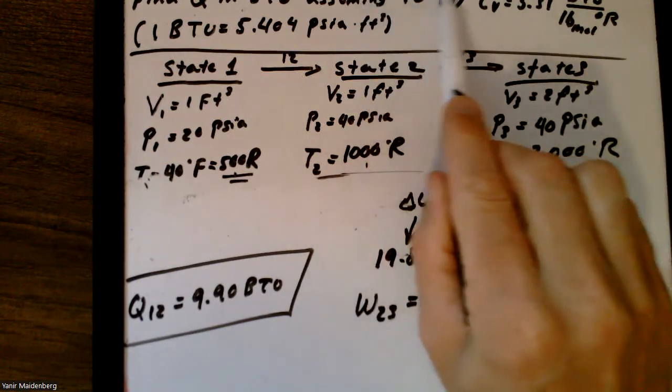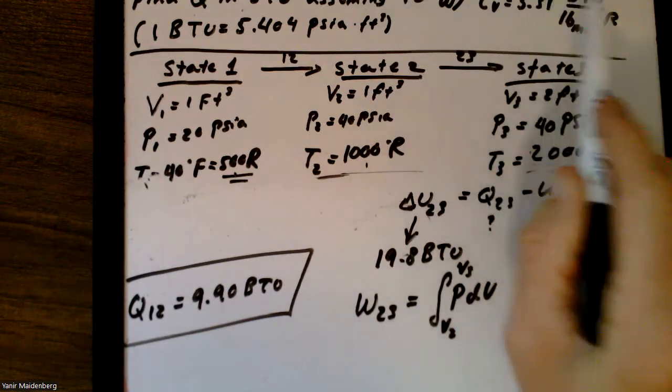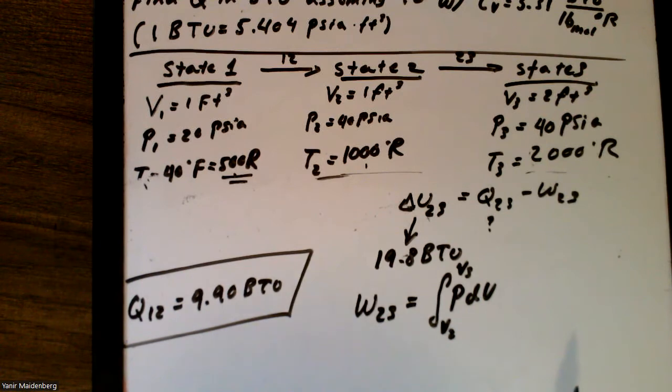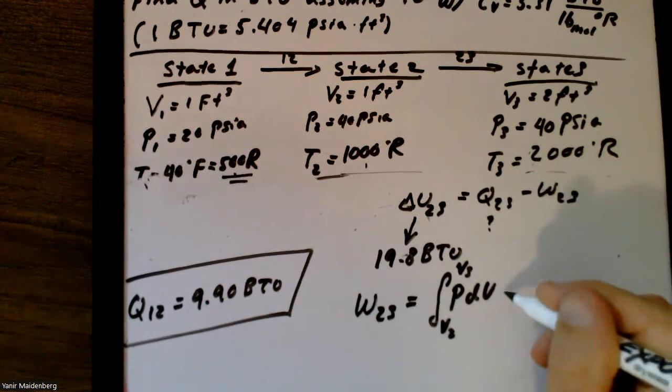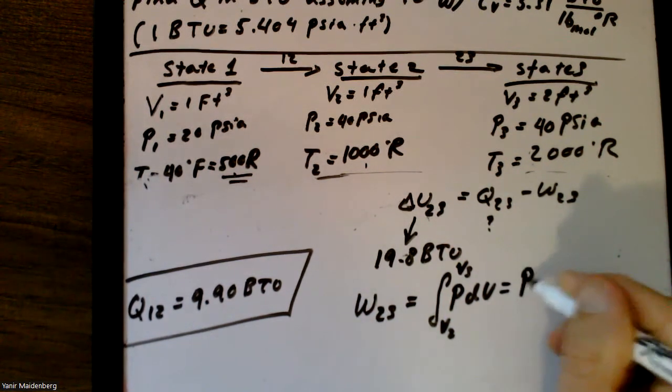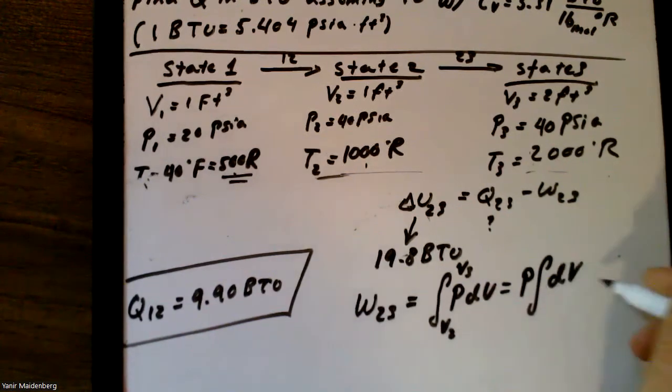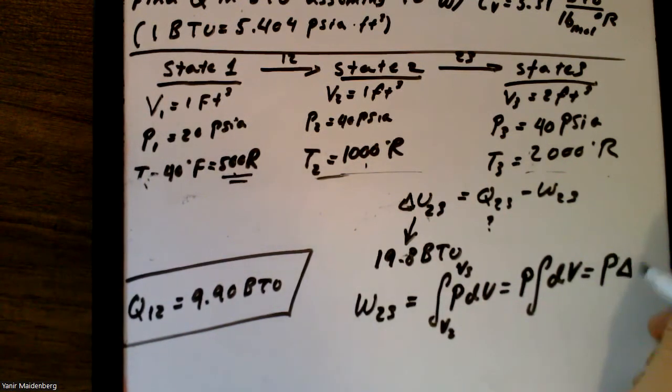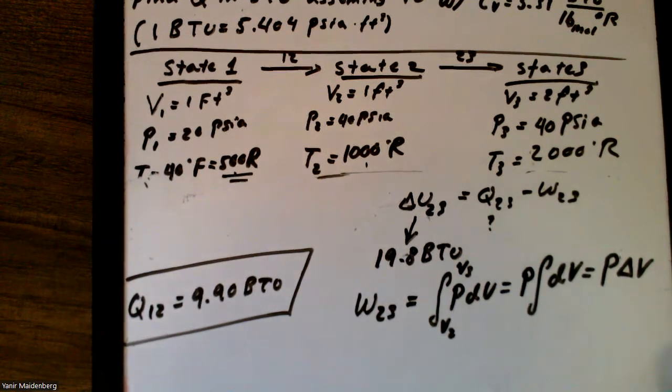It's isobaric, so that means it's going to be constant pressure. Isobarically expanding, the pressure will come out of the integral because P is a number, not changing in this process. So I can just say it's going to be P integral dV, which means that it's P delta V between 2 and 3. Okay, so that's fairly simple.